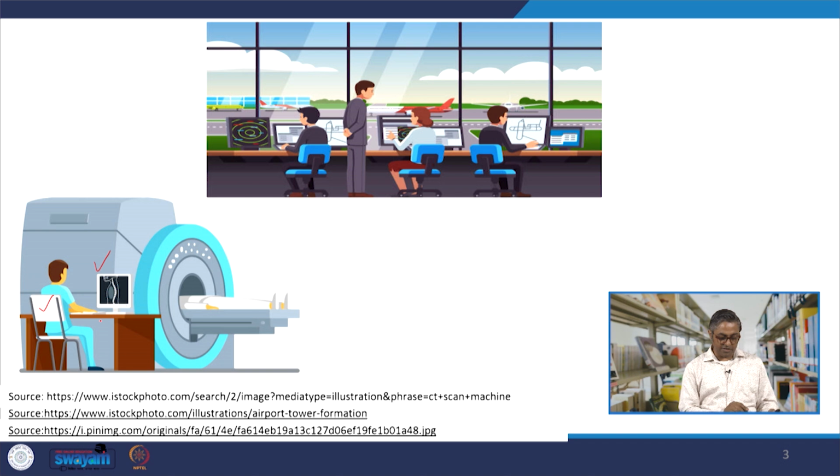Now, when the operator is dealing with a sophisticated system like fMRI, not only does he have to understand how the system works, but also what the output is and how to interpret the output as well. Such interface interaction is highly demanding and very challenging.